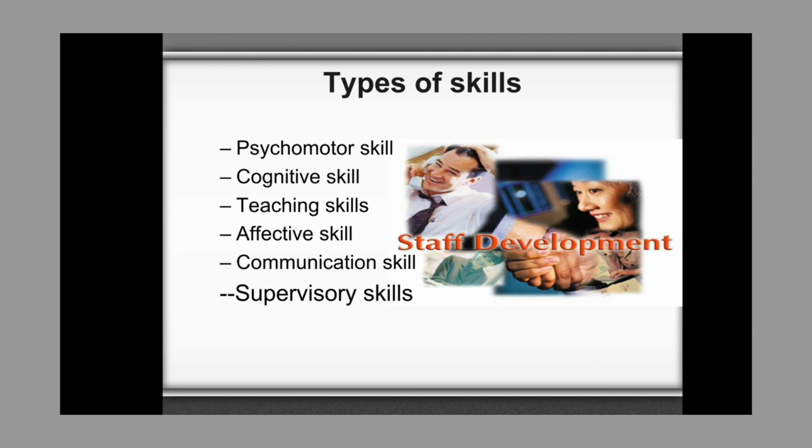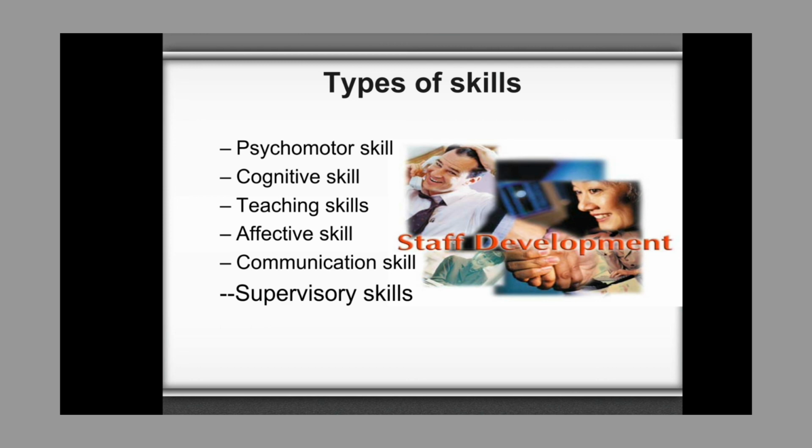So in this class we have seen the introductory area of staff development program. So almost all the aspects of that we have discussed: needs, goals, one model, what are the types, induction training, orientation program, in-service education, approaches, continuing education, and then skill training.